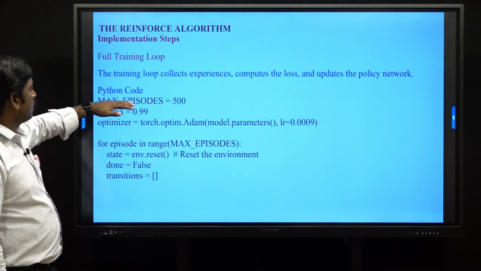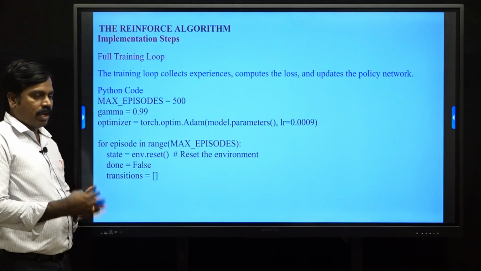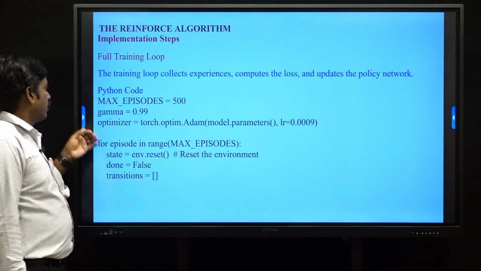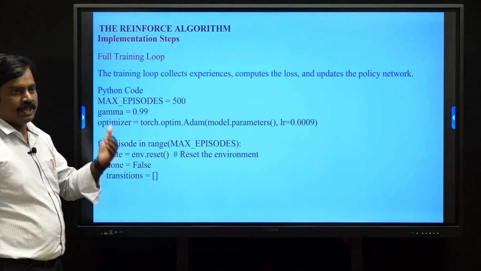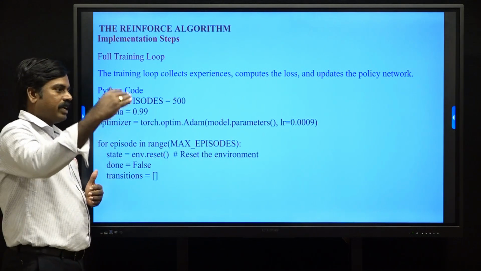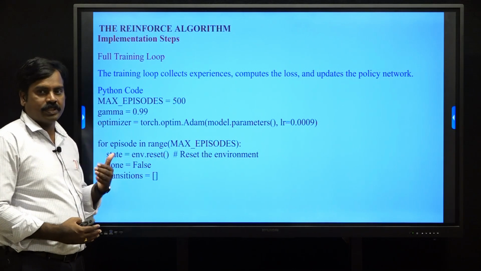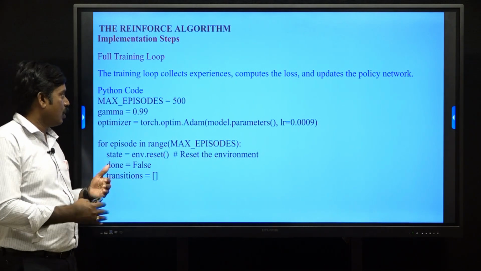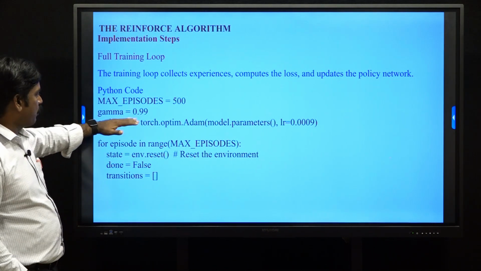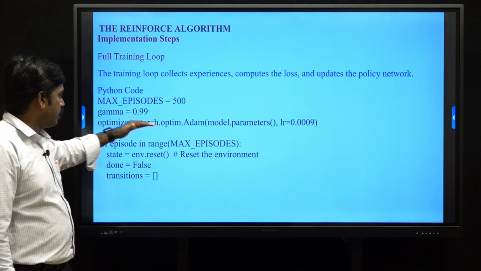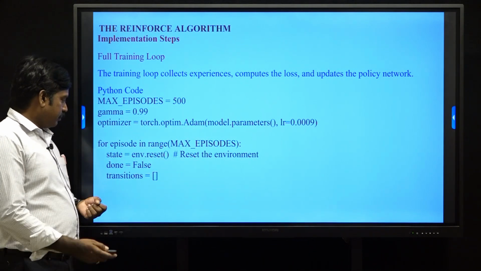This is the full training loop. We have the number of epochs, and we take the number of episodes, meaning the number of times we go from the initial state to the target state. An episode means the travel from the initial state to the ending state. So we mention how many episodes we have, the gamma value, which is the discount factor, and which optimizer we are using, and we set the model.